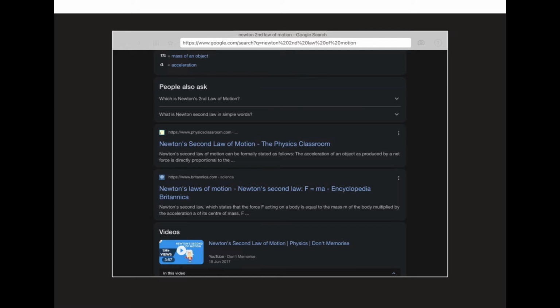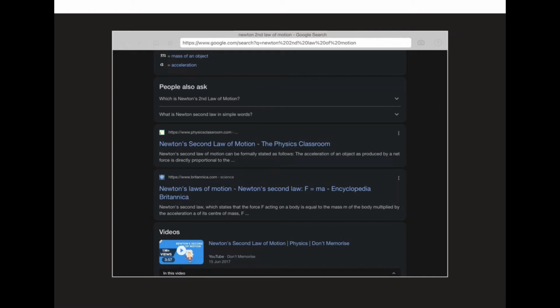Newton's second law of motion can be formally stated as follows: the acceleration of an object as produced by a net force is directly proportional to the, okay, so let's see, proportional to the mass. So acceleration is directly proportional to the mass.